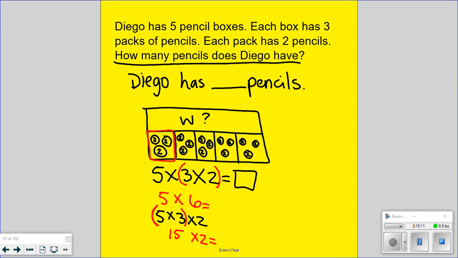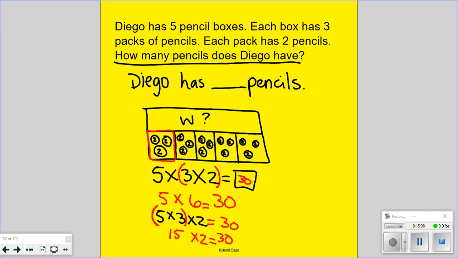Y'all can do that. 30. So if we do it Colby's way, we get 30. If we do it Evelyn's way, we got 15 groups of 2. What does that work out to? Or 2 groups of 15? 30. Hey!